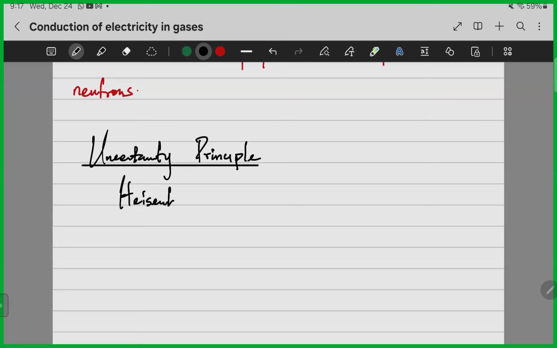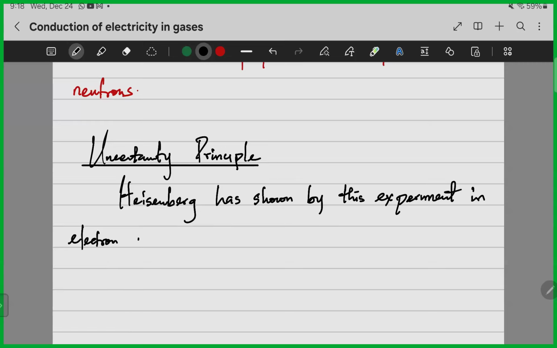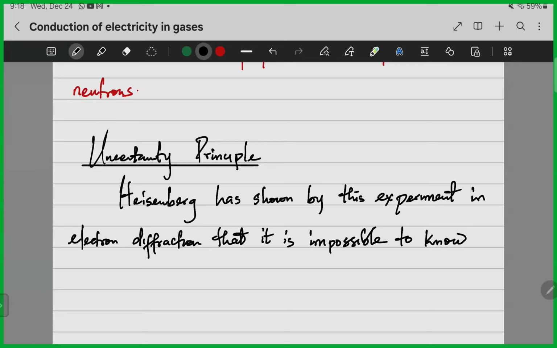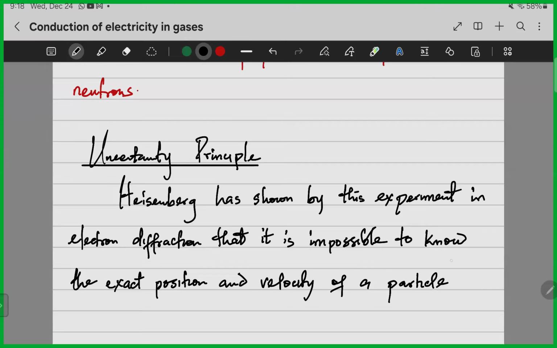Heisenberg has shown by the experiment of uncertainty principle in electron diffraction that it is impossible to know the exact position and velocity of a particle simultaneously.